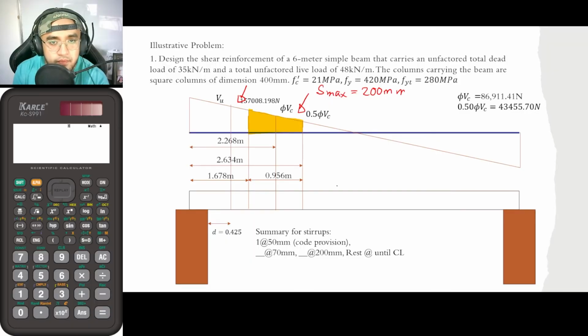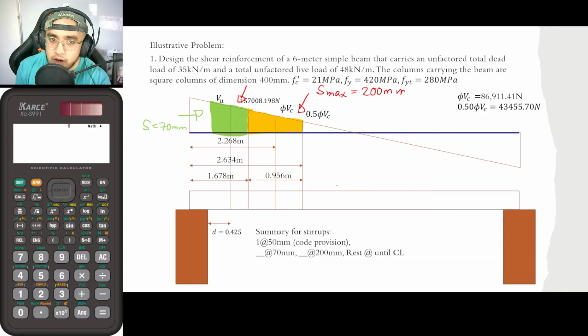So, once again, from this region up until this region, up until the support, I will be providing an S equal to 70 mm. But this is kind of an over-design already.